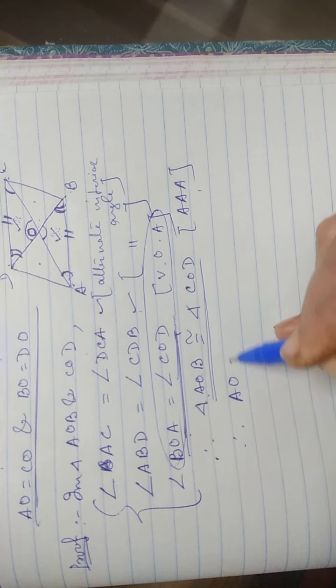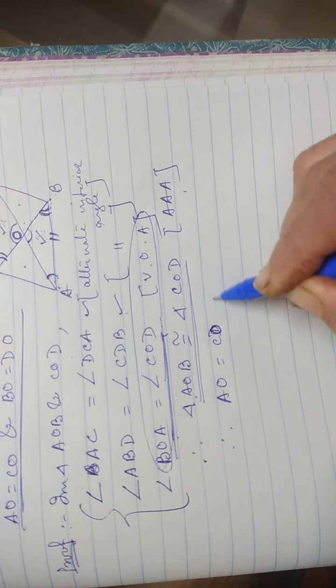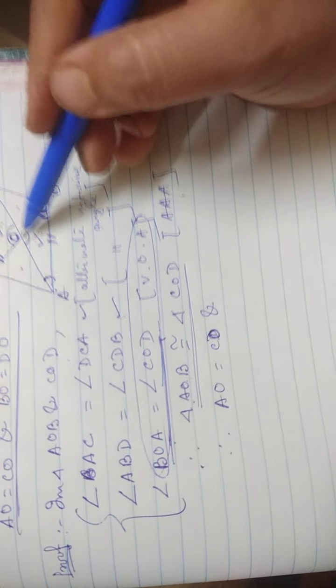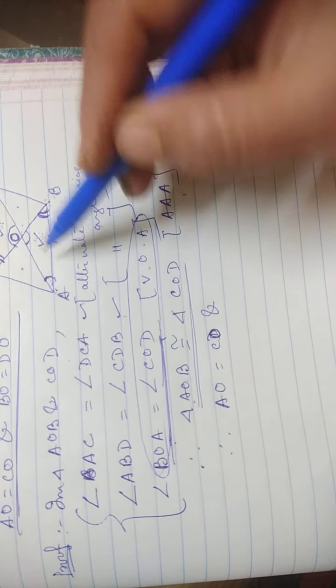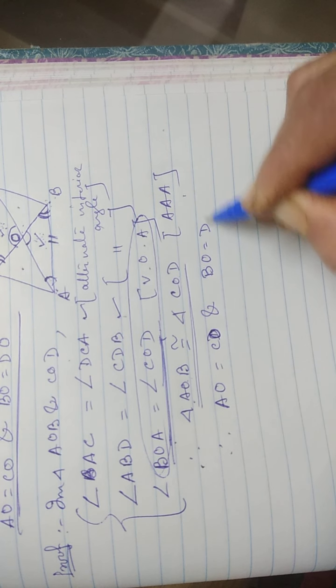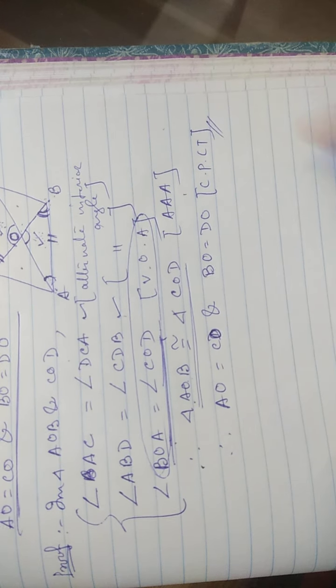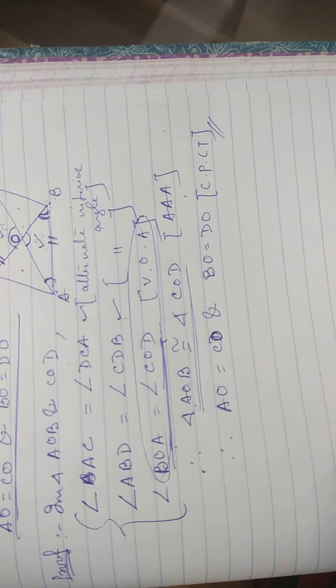Therefore AO equal to CO and these two sides also, the sides of the triangle, BO equal to DO by CPCT. So this one you proved: the diagonals of a parallelogram bisect each other.